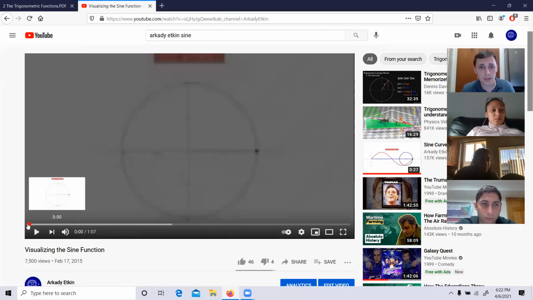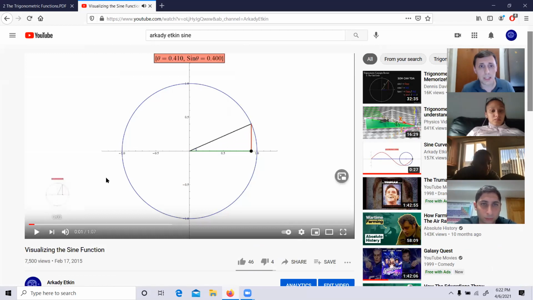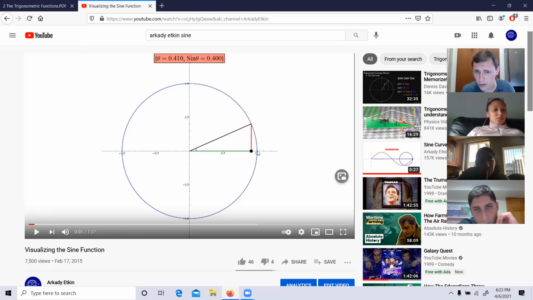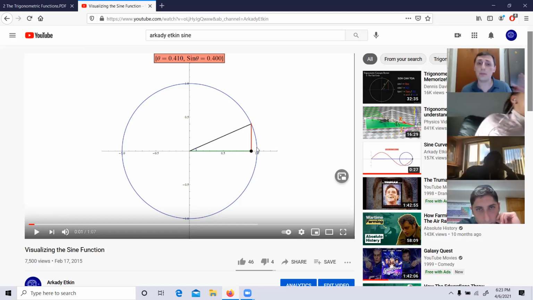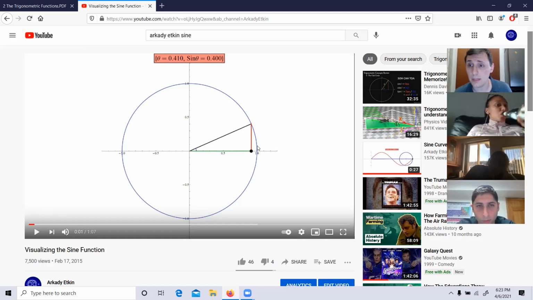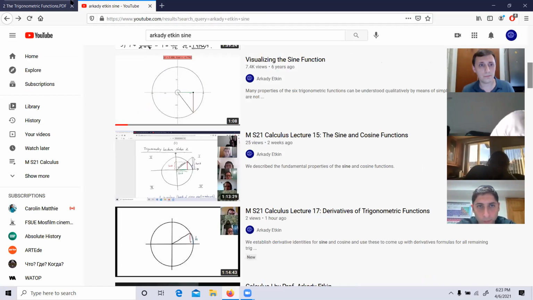If you make it very, very small, you can see that there is some difference. Theta, as the angle increases, becomes larger than sine. You can see that this blue arc is larger than this red line. But as you come closer, if you zoom in, this curve will be perpendicular to the x-axis. Therefore, very close to the x-axis, the red segment and the blue segment are going to be essentially of the same length. I hope you see that, guys.